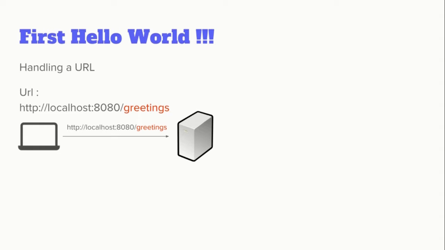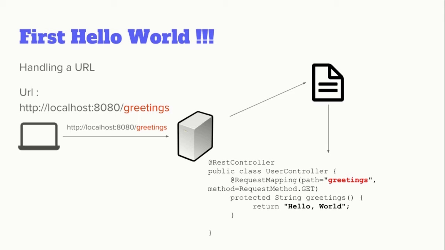Once the server receives a request, it will look for a file which has the request mapping. And once it finds that file which has a class with the method intended to handle the incoming request, it will give you the response.